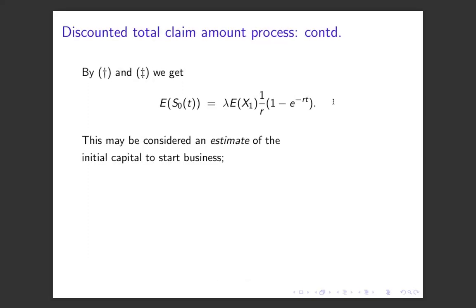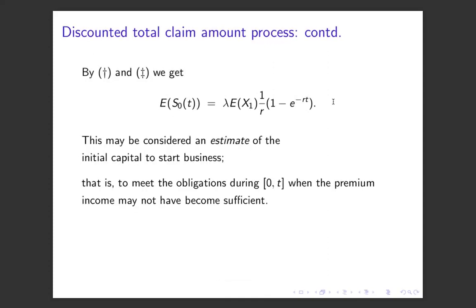So this, as I had mentioned earlier, is an estimate of the initial capital to start the business. That is, to meet the obligations during the finite time horizon 0 to t, when the premium income may not have become sufficient.